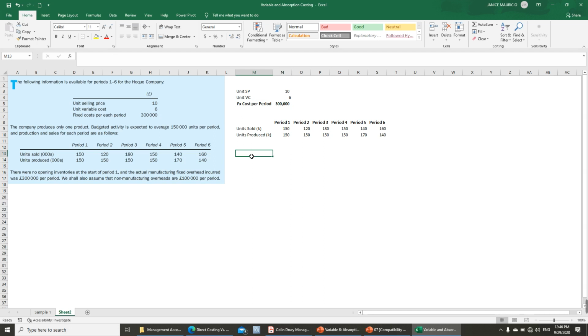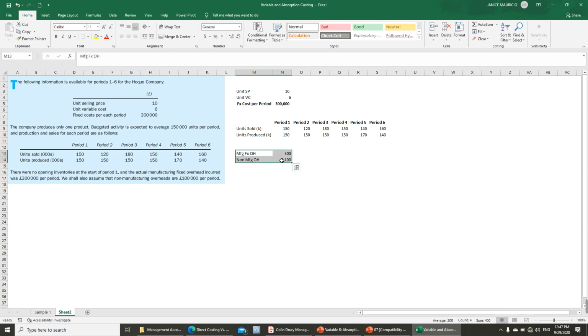So we put in here manufacturing fixed overhead, which is 300,000. In thousand na lang siya, ha? And then the non-manufacturing overhead is 100,000 per period. Okay? So we have listed down our given in here.